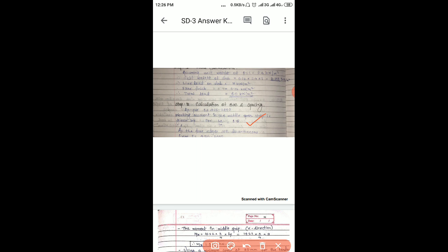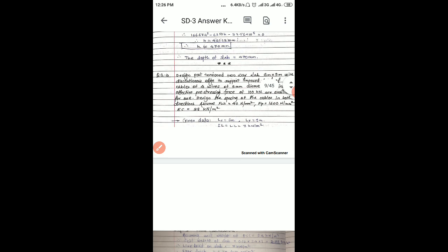As the four edges are discontinuous, this condition is given, discontinuous edge. From this we can say the four edges are discontinuous. Then we will check the value of alpha x and alpha y for Ly by Lx of 1.5 and four edges discontinuous.